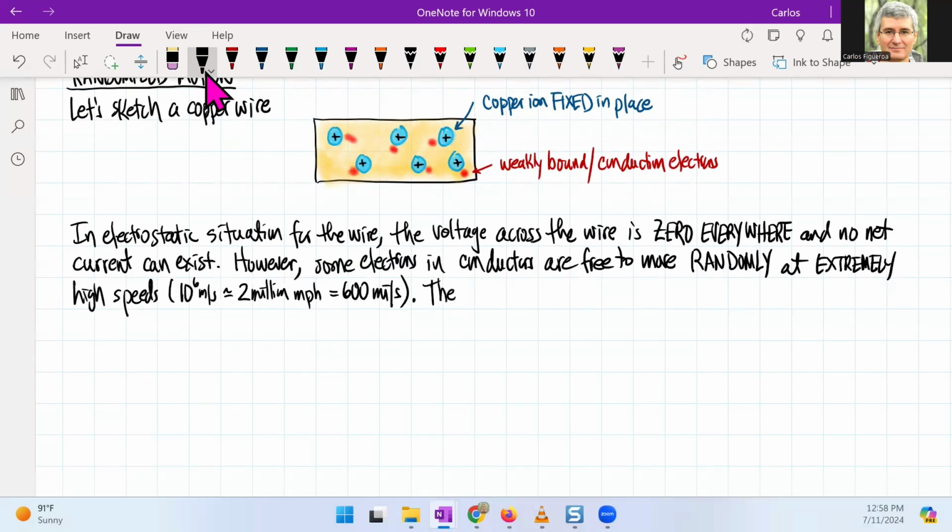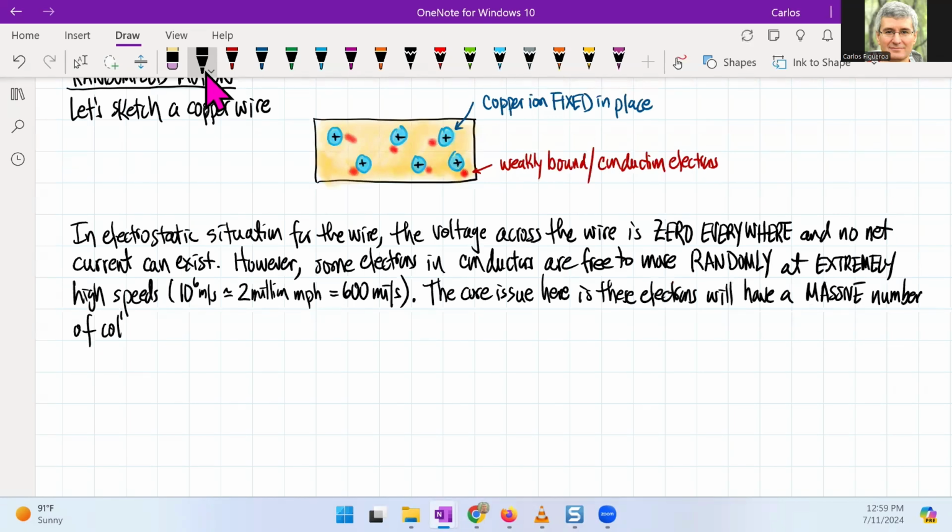The core issue here is these electrons will have a massive number of collisions with the copper ions.